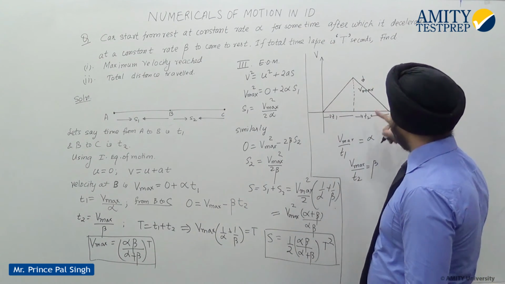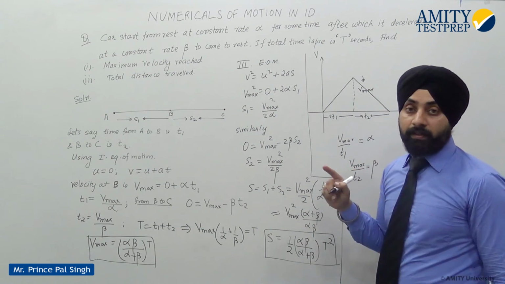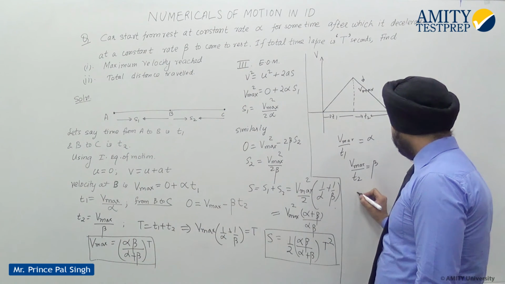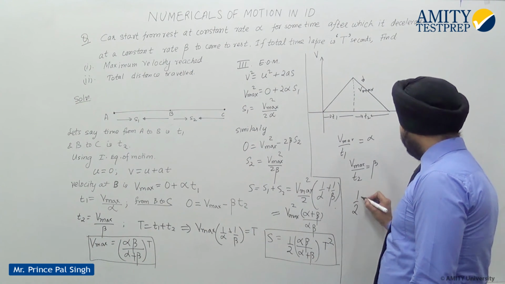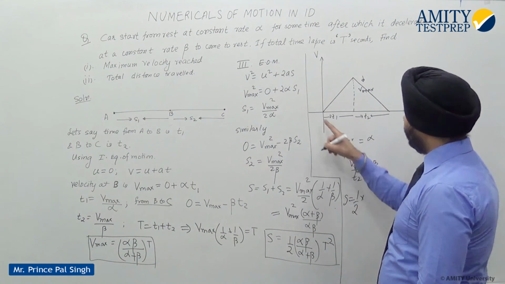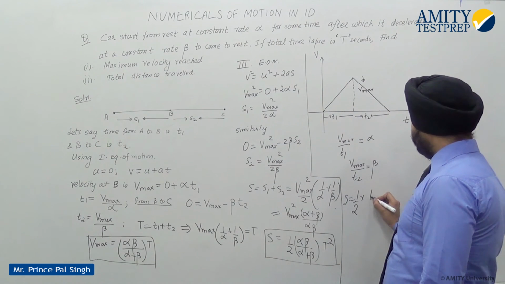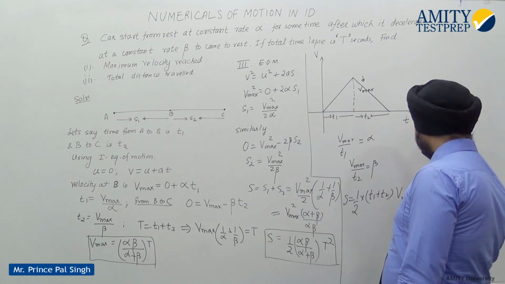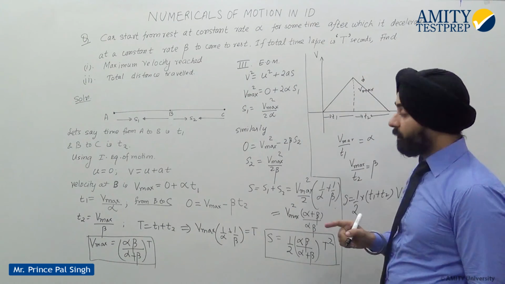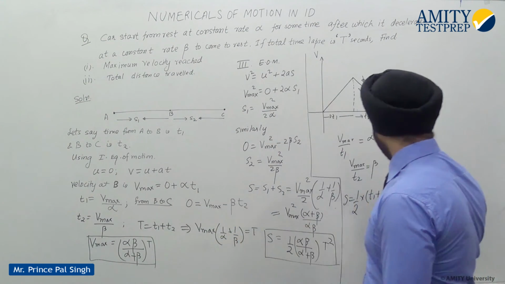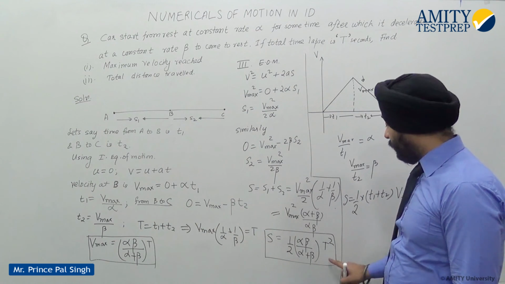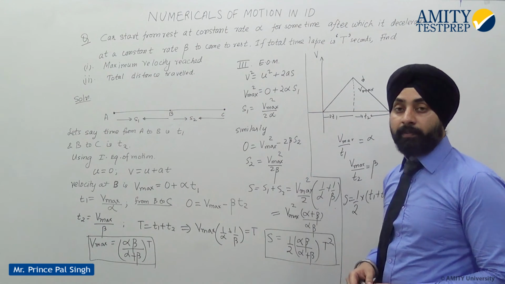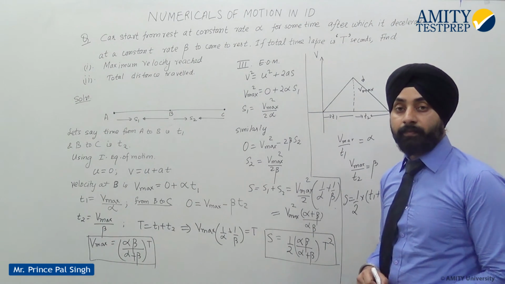And if I find the area of this triangle, the area under the V-t graph gives us the displacement, that is half base into height. Base is T1 plus T2 and the height of the triangle is V max. Putting this value over here and this is capital T, we will get the result: S is equal to half alpha beta upon alpha plus beta into T square. Thanks.